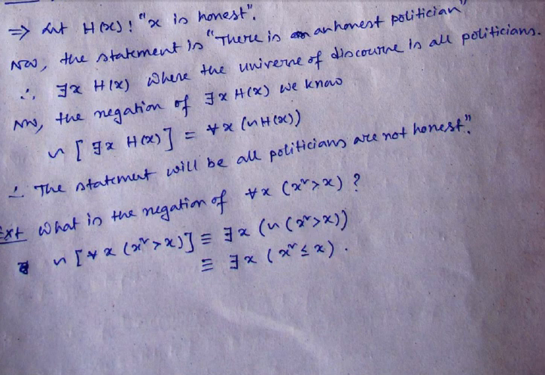If x square greater than x is our statement and we want to negate it, what will the statement be? Just the complement, that is x square is not greater than x. That means x square must be either less than x or equal to x. So the statement will be there exists x, x square less than or equal to x.